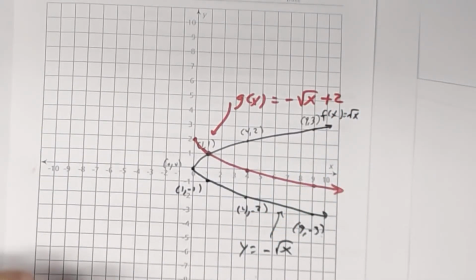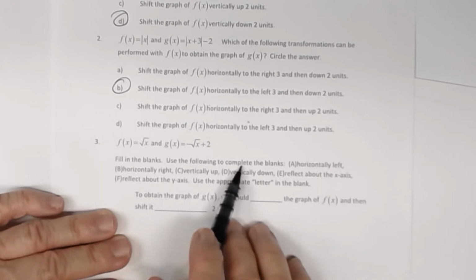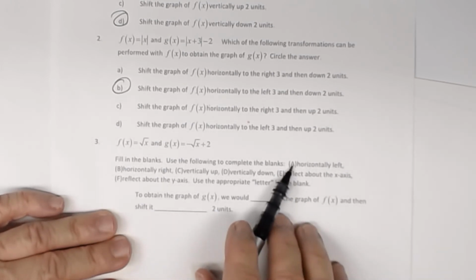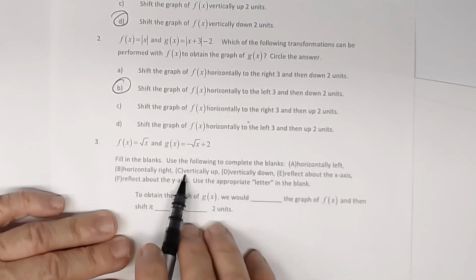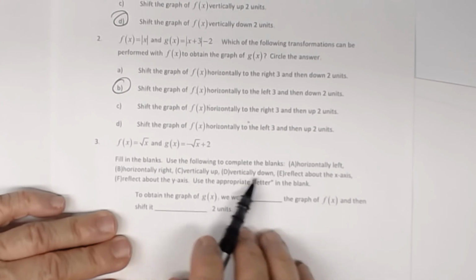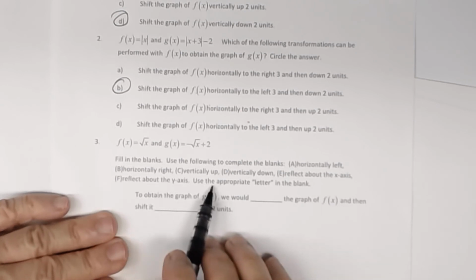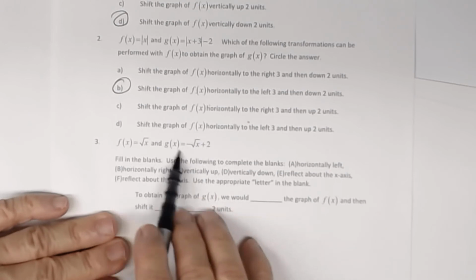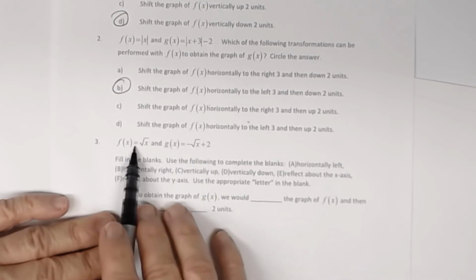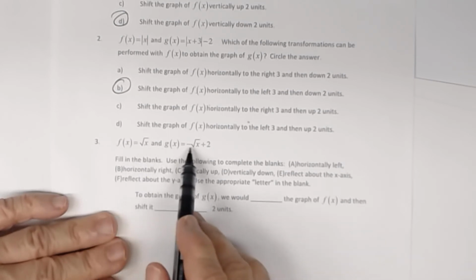All right, so in terms of our answer, here's what you're going to write. It says fill in the blanks, and use the following to complete them. Letter A is horizontally left, B is horizontally right, C is vertically up, D is vertically down, E is reflect about the x-axis, F is reflect about the y-axis. Just use the appropriate letters. To obtain the graph of g of x from the parent function, you do the reflection first.